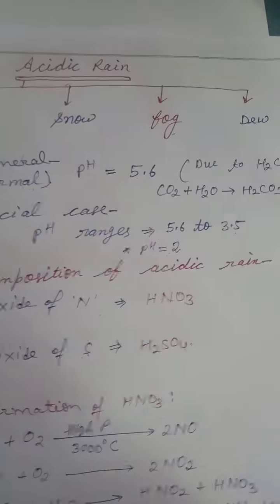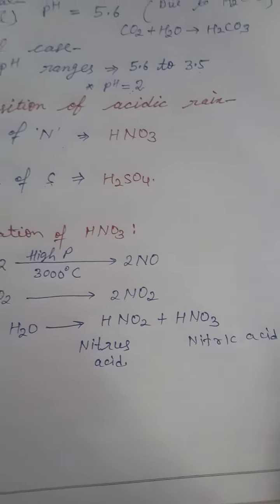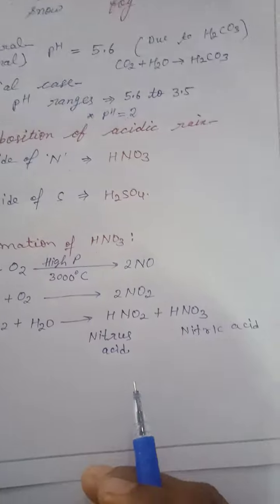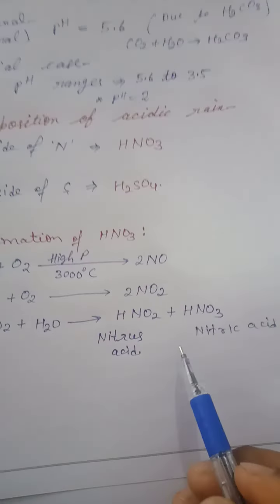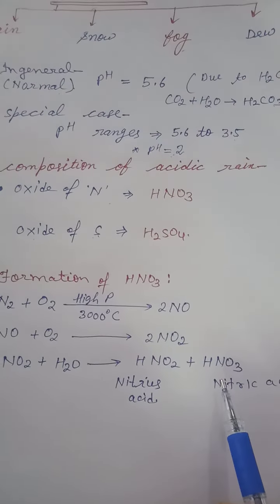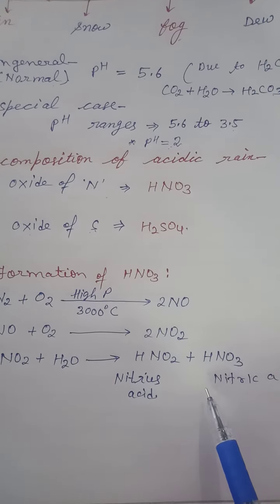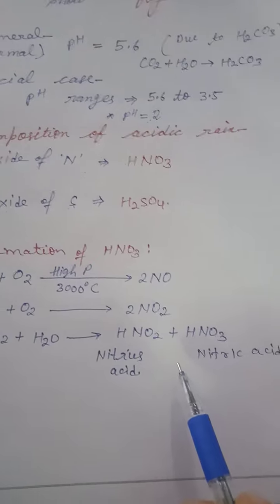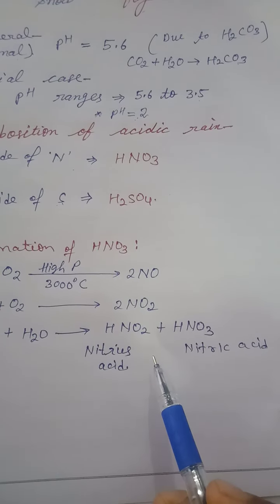Both are acidic in nature and both will give an H+ ion. So these are the acids which form because of the oxides of nitrogen, and they are responsible for acid rain.